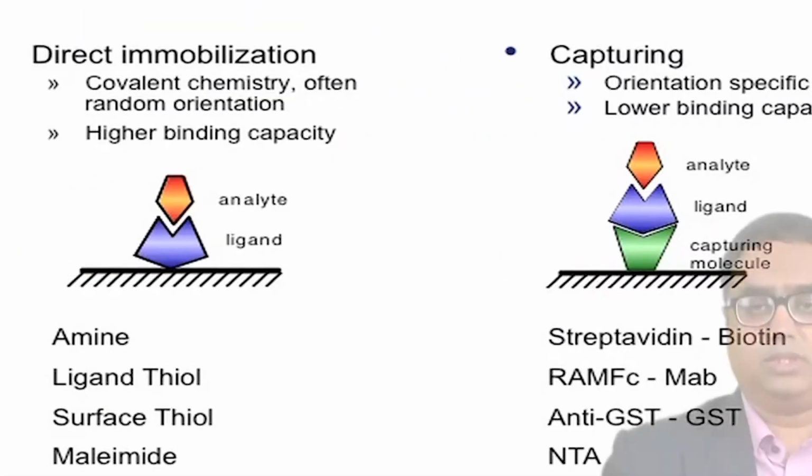In this session, we will understand the different kinds of sensor surfaces and their use in immobilization of a ligand. From the basics and from other sessions, we have understood about the surface preparation, direct immobilization or capture methods.